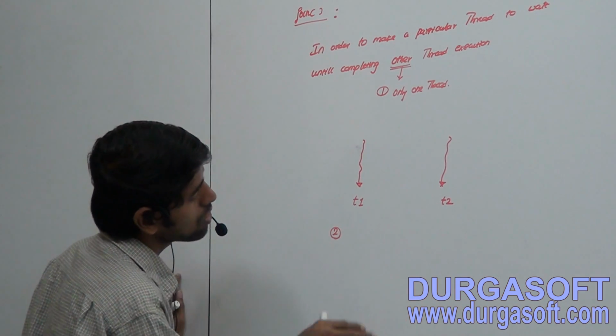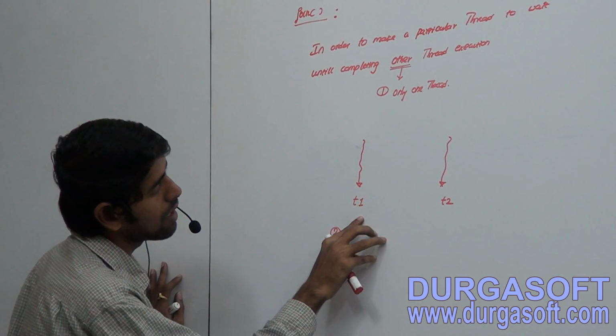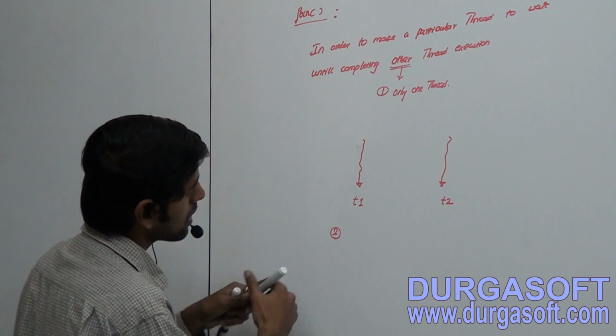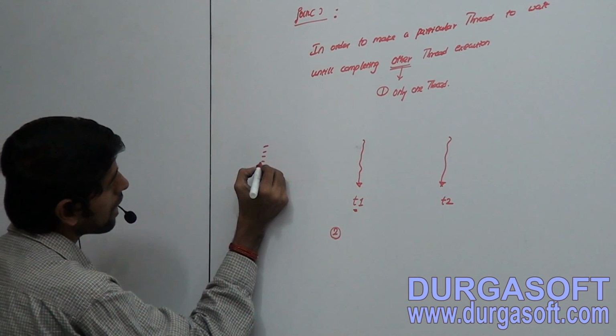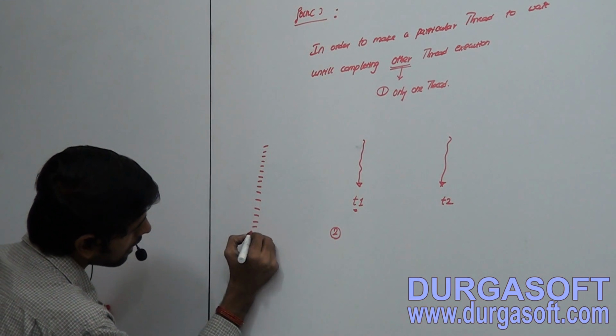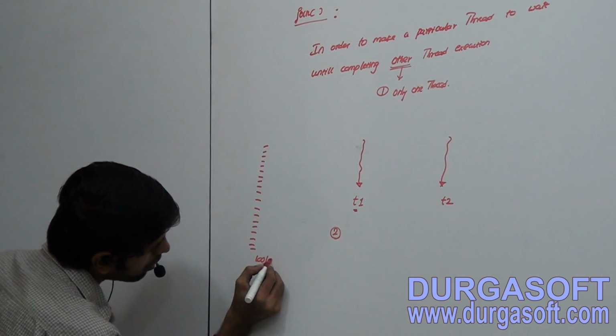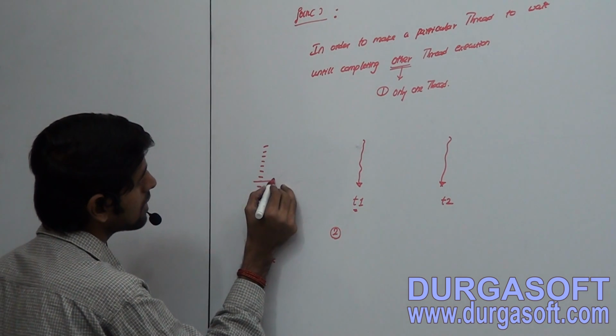Here T1, T2. Think that T1 has a job of, say, 100 lines of code, and T1 is at the 10th line now.